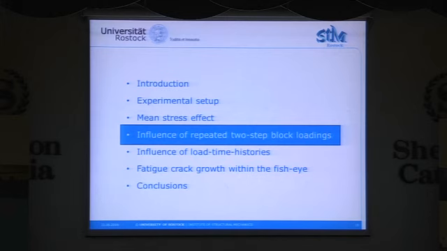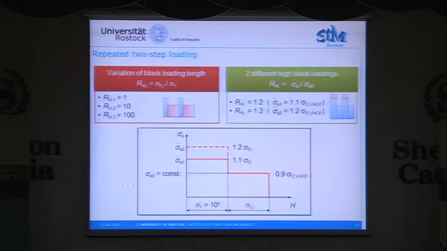In order to calculate if small amplitudes do contribute to the damage, we have done repeated two-step loadings, like is shown here. The small amplitudes are 10% below the fatigue strength, which has been determined in the very high cycle fatigue regime. And the high block is 10% and 20% respectively above the fatigue strength.